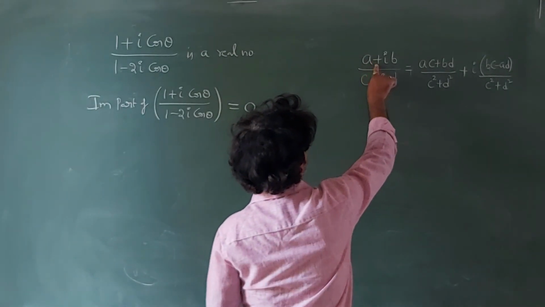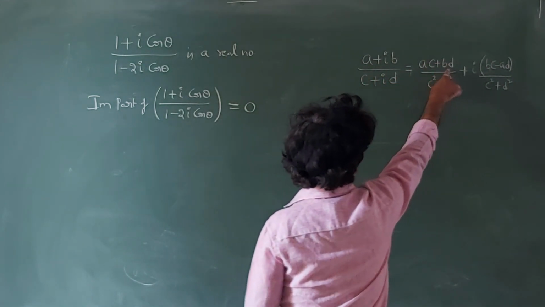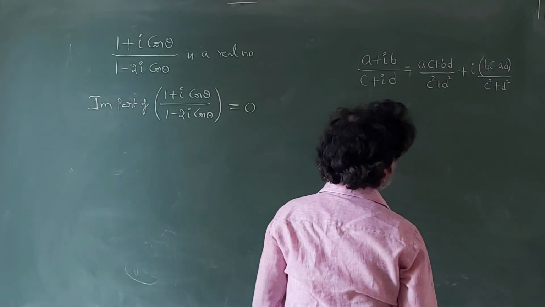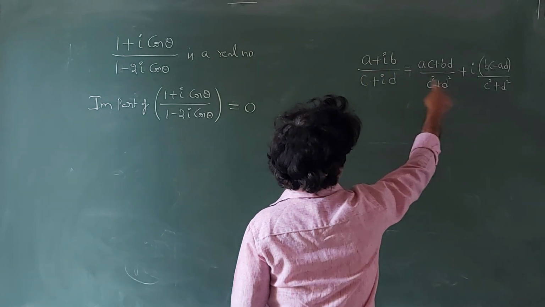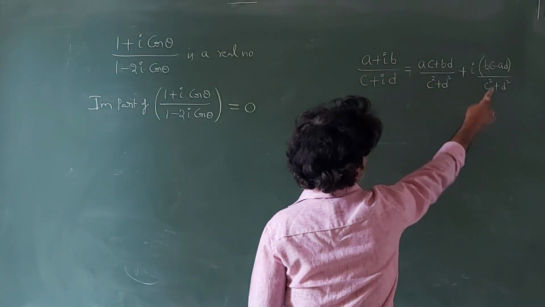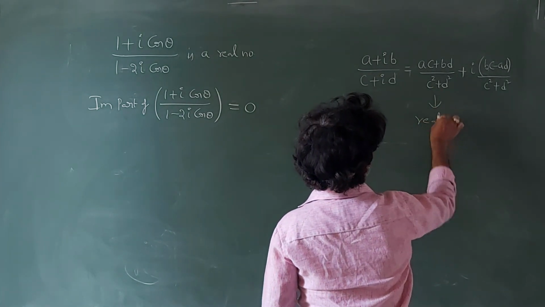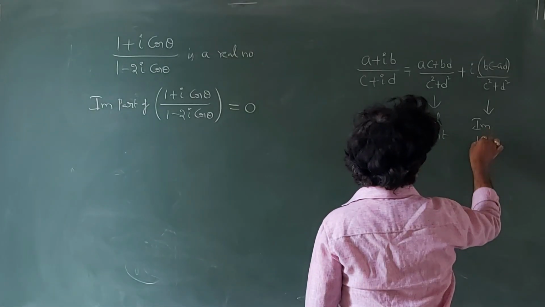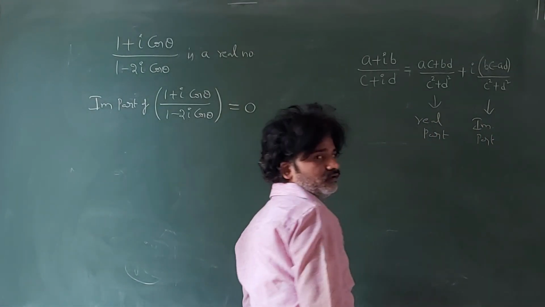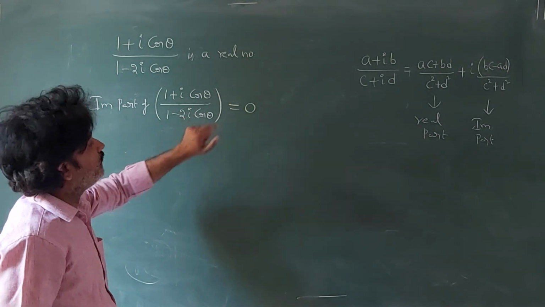If any complex number is given like this, the real part is (ac plus bd) by (c square plus d square), and the imaginary part is (bc minus ad) by (c square plus d square). This is the real part, this is the imaginary part. Now observe. Here the given complex number is of the form (a plus ib) by (c plus id).